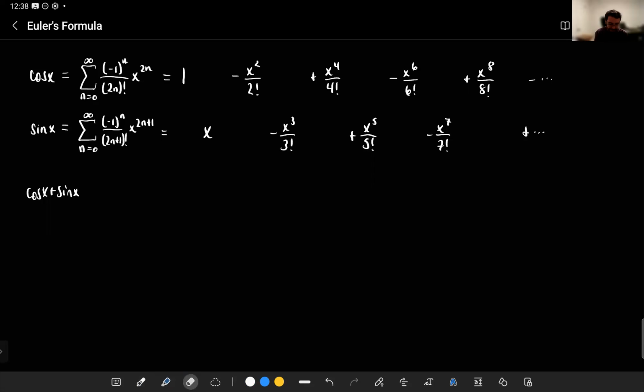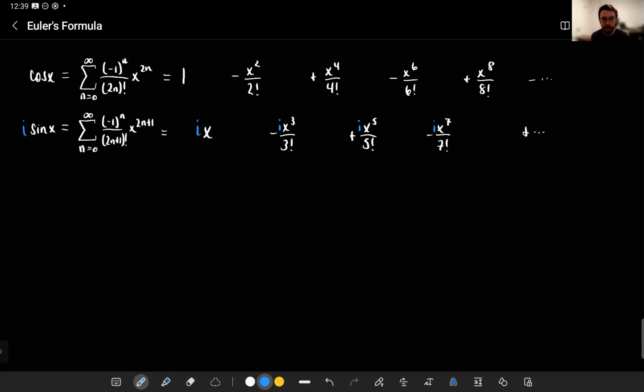What we want to do instead, and this might come out of the blue, depending on how long it's been since you've seen complex numbers, is something really weird: I could multiply sine by the square root of -1. So all of a sudden this looks like ix minus ix cubed over 3 factorial plus ix to the 5th minus ix to the 7th.